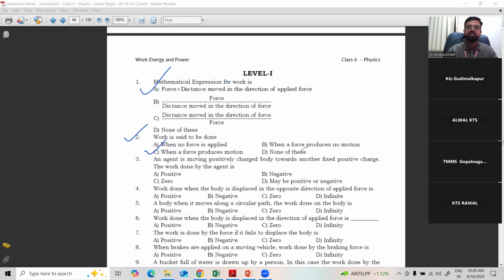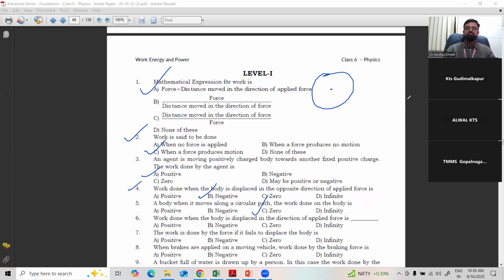The work done by the agent is definitely positive. Work done by a body displaced in the direction opposite to the applied force is negative. When a body moves along a circular path, the work done is 0 because the body comes back to the same point.